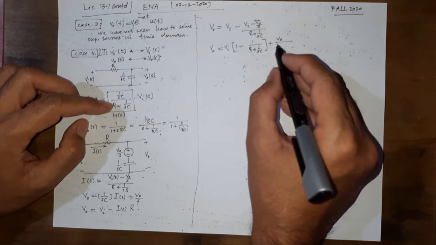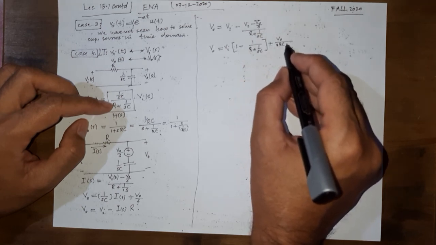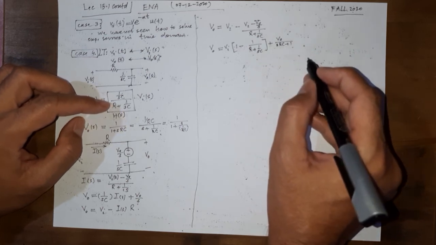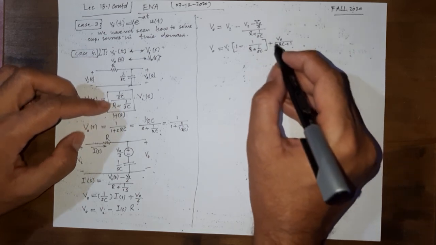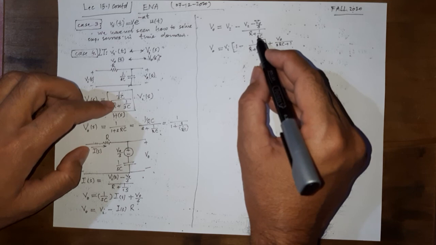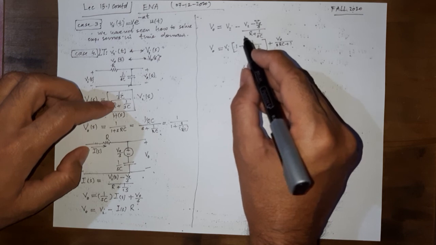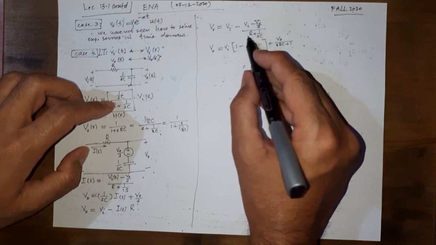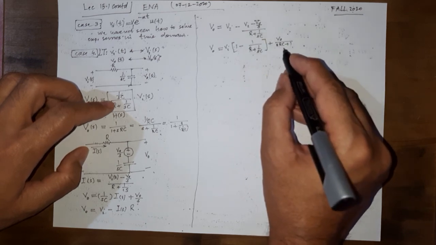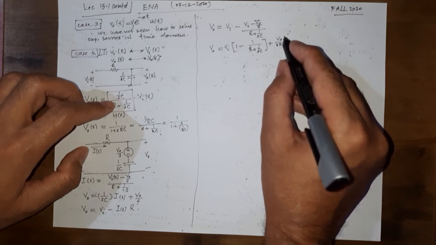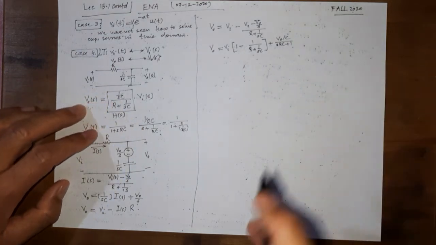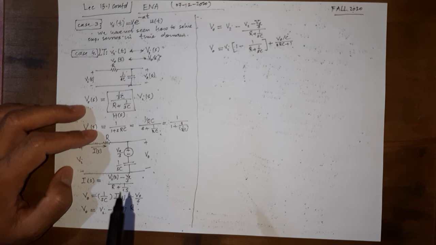S comes down and multiplies this to get this. So if we take this 1 over Sc common, we are going to get SCR here. S cancels with this S, and we are going to have this 1 over C. So we get V naught over C here, I think.